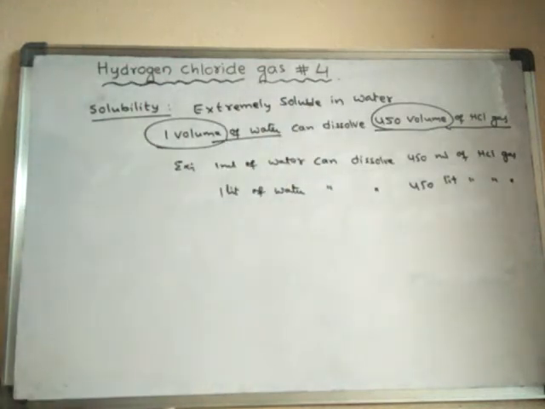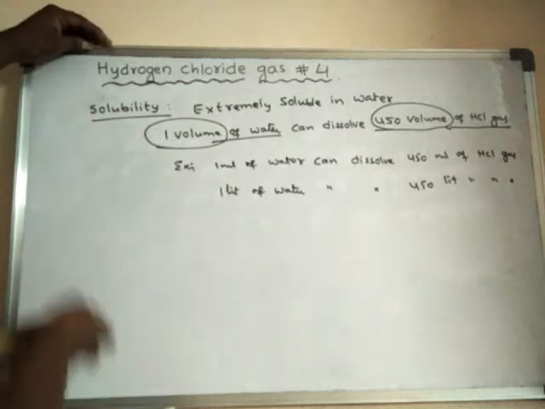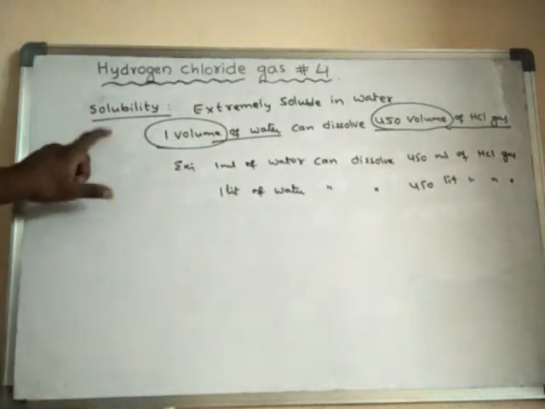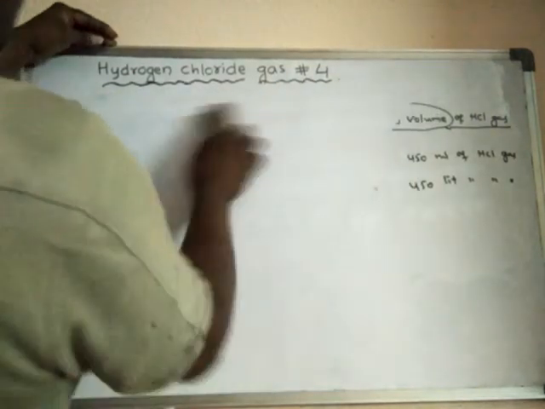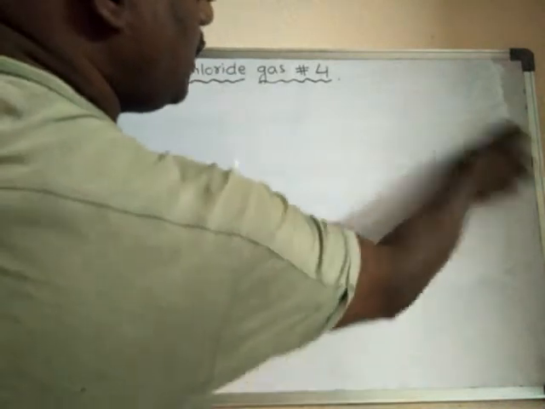There is an experiment known as the fountain experiment, to show the high solubility of this HCl gas. So we learn about the experiment related to solubility. That experiment is known as the fountain experiment.